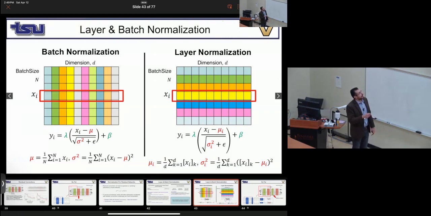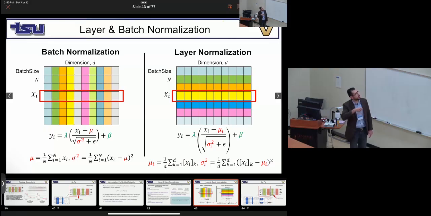Let's assume that I have a batch with n elements and each one is d-dimensional. So I have n vectors, each one d-dimensional. Batch normalization says each of these d dimensions is a feature, feature 1 to feature d, and I have those features for different elements. I apply a standard scaler on each feature.